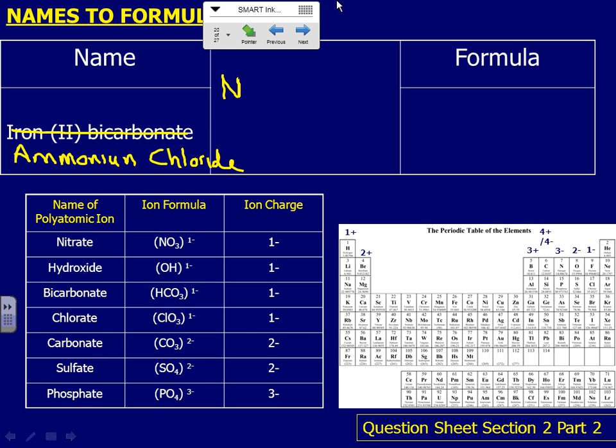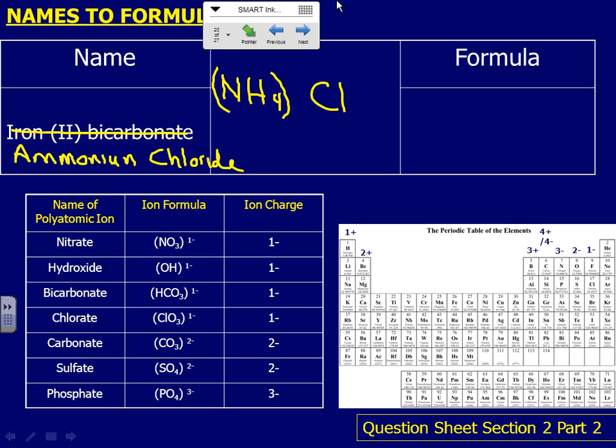So NH4. I'm always a fan of putting it in brackets because I might have to cross something over, but I might not need it. We'll see. Chloride, Cl. The ammonium has a charge of +1. What's the charge on the chloride? -1. 1, 1.